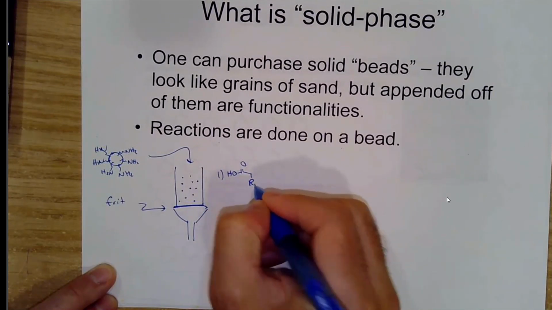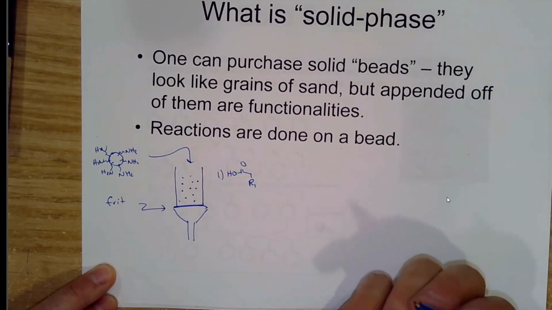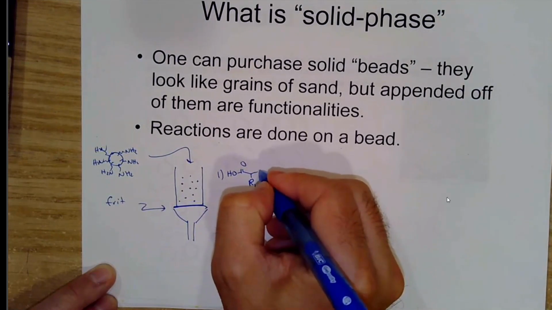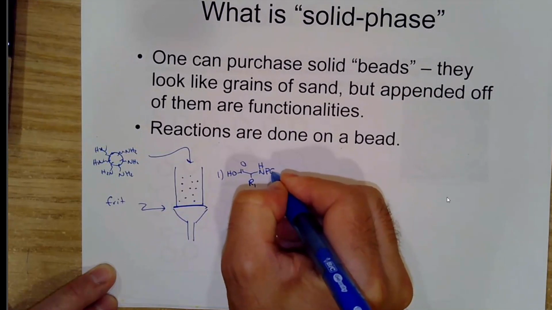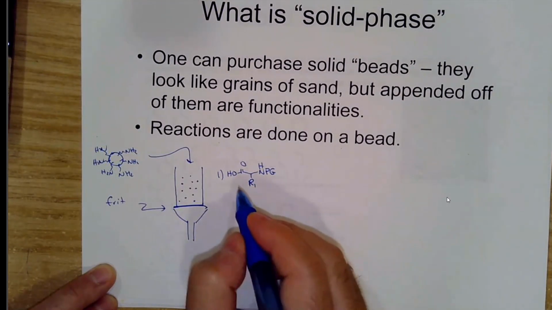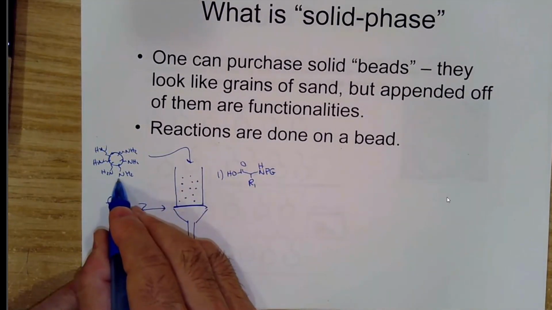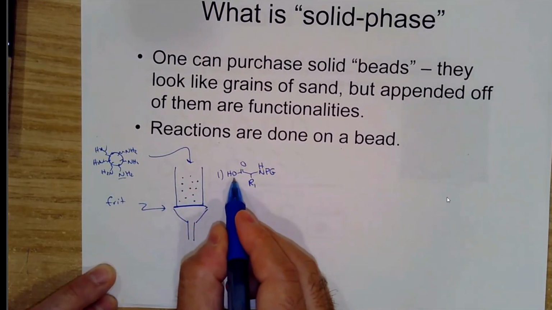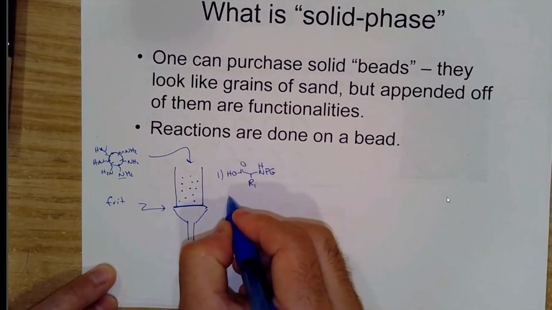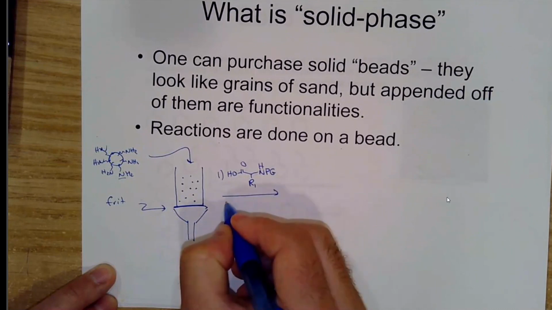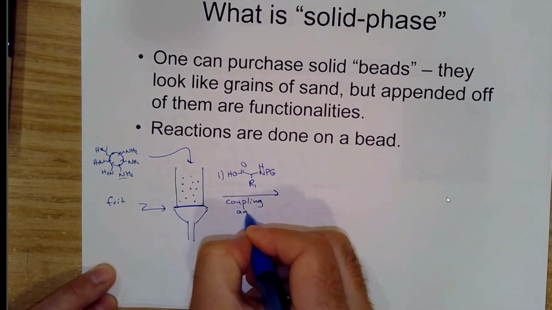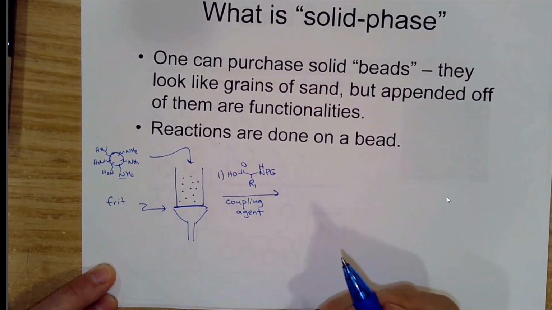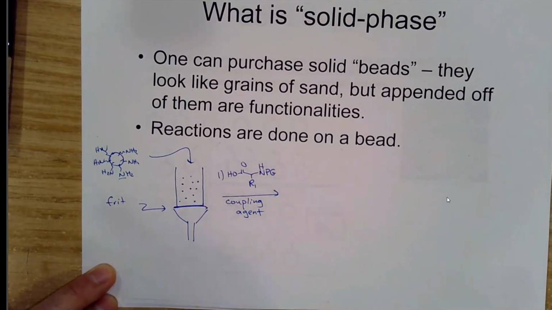Let's just give it an R1 side chain, and attached to that amine here, we're just going to put a protecting group. Now, in order for this amine to react with the carboxylic acid, you need a coupling agent. So we're going to add a coupling agent, and let that stir, let that mix.